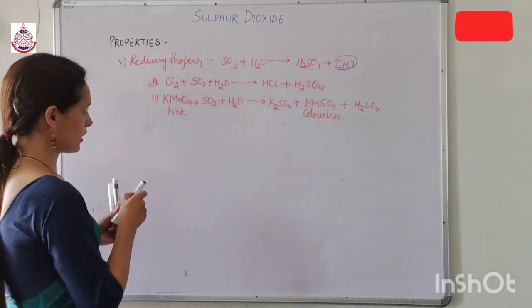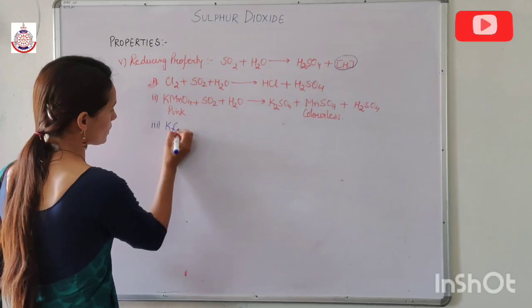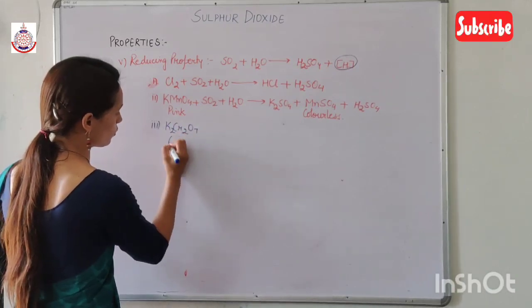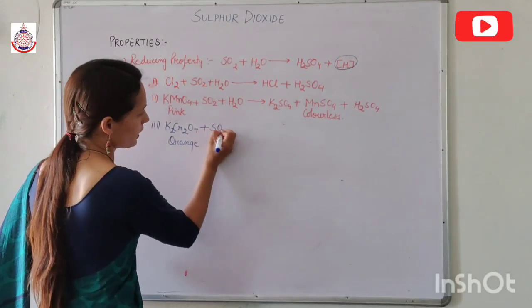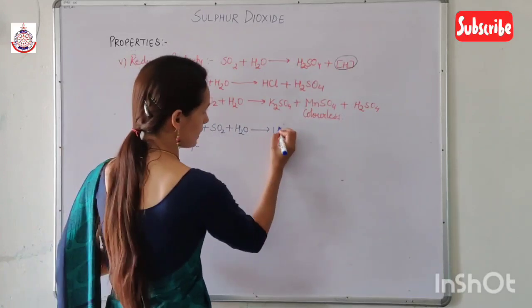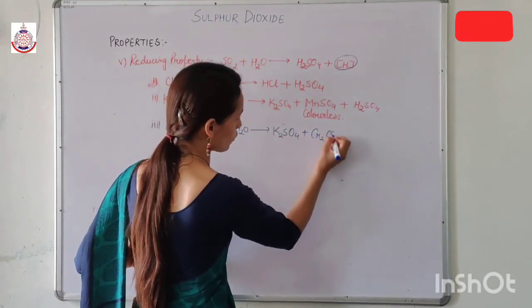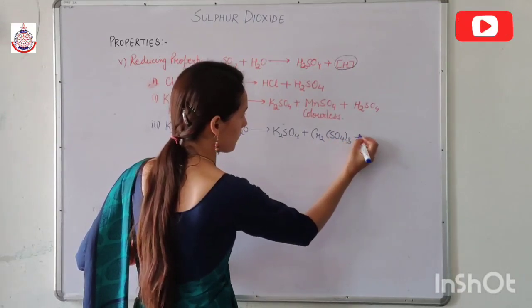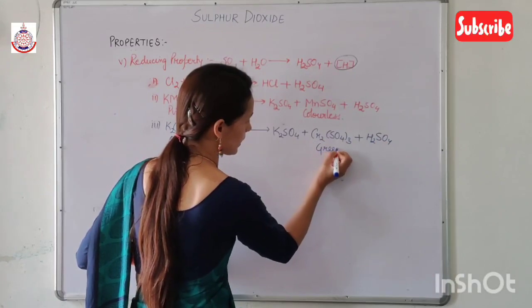Now, the third reaction is K2Cr2O7, which is orange in color. This reacts with sulfur dioxide in the presence of moisture. Then we get K2SO4 plus Cr2(SO4)3 plus H2SO4, and this one is green in color.